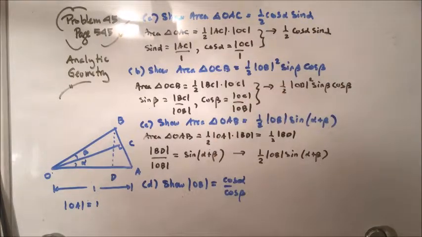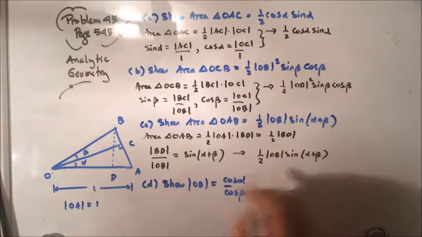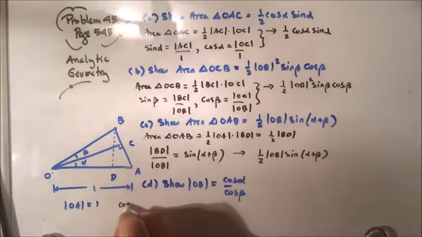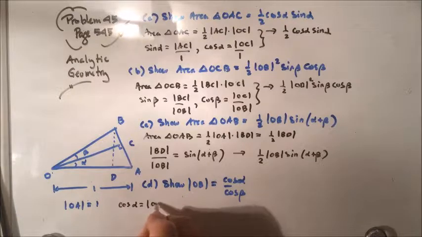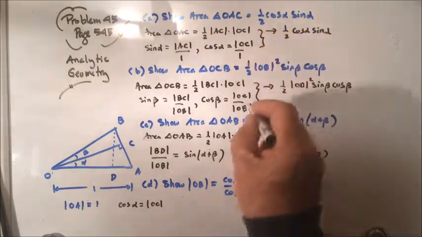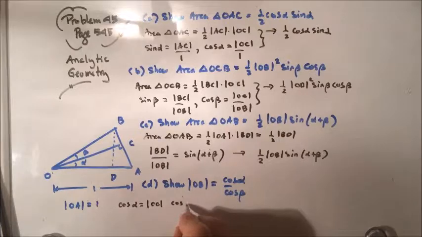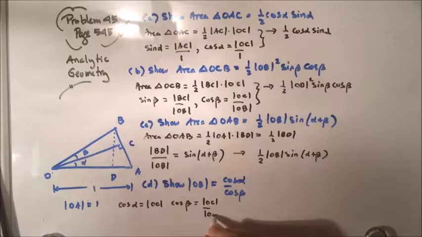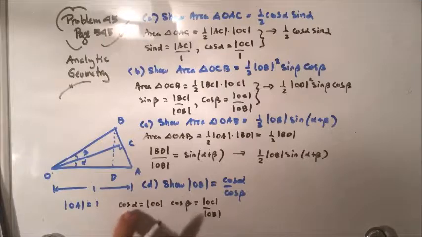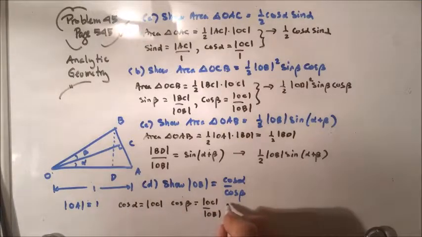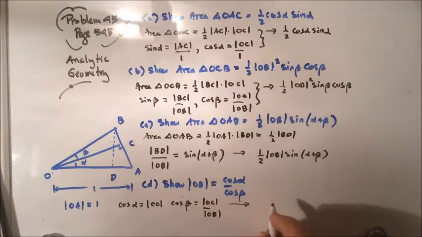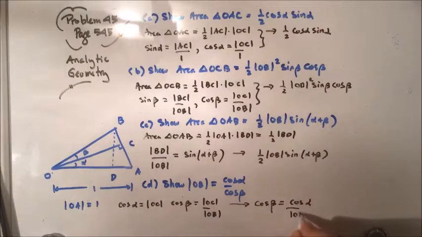Go back up to the top here and see that cosine alpha is equal to OC, and that cosine beta is equal to OC all over OB. Insert cosine alpha for OC, and you get cosine beta is equal to cosine alpha all over OB.